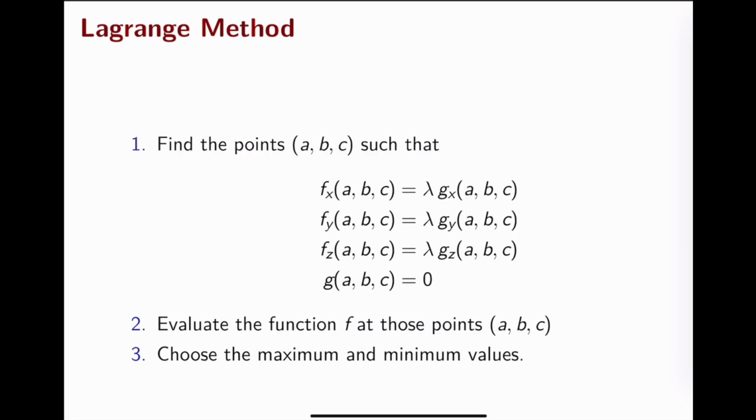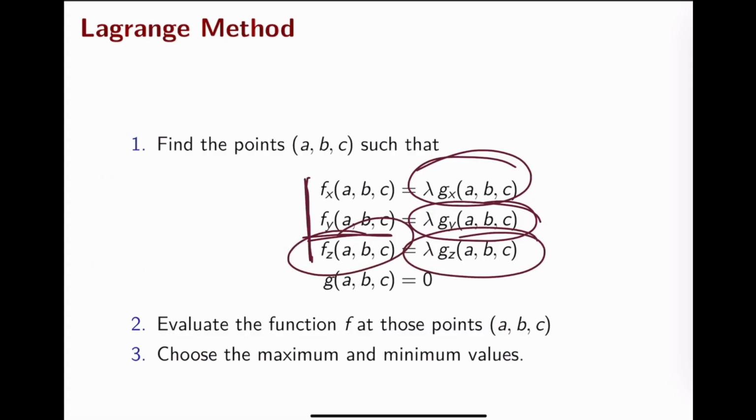If we know that the gradient is going to be a multiple of the other gradient, we can find the candidates to be extrema by finding the points that satisfy that condition. The condition of the gradient, if it has 3 components, will be that the derivative with respect to x is a multiple, the derivative with respect to y is a multiple, and z is also a multiple.